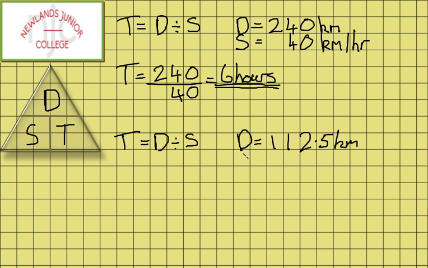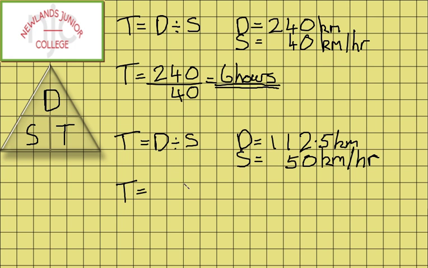We're also told that the speed the cyclist travelled at, well, she was travelling at 50 kilometres per hour. Okay, so we've got distance, we've got speed, we've got all we need to calculate the time in this case.